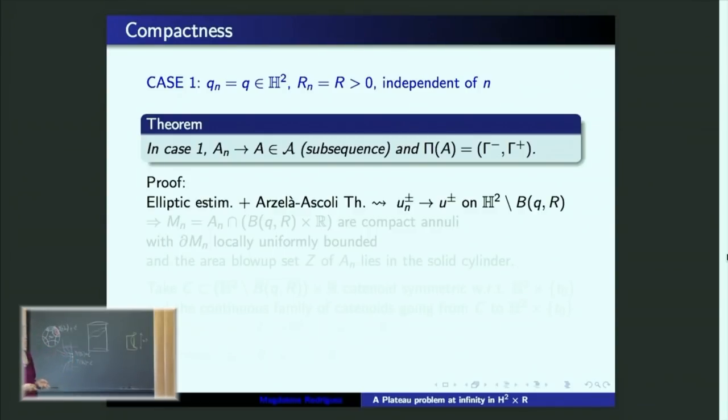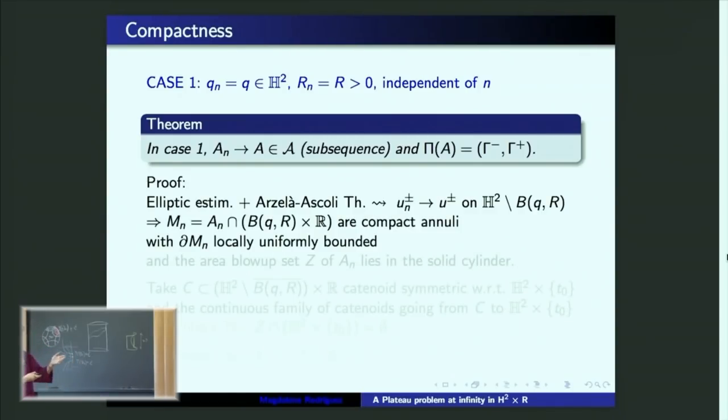Okay, so this is good. Outside the cylinder, you have a limit. So the problem, if there's a problem, is going to be inside the cylinder. Okay, let's take maybe a slightly bigger cylinder in order to assure that the boundary curves of these compact annuli intersecting with the cylinder converge.